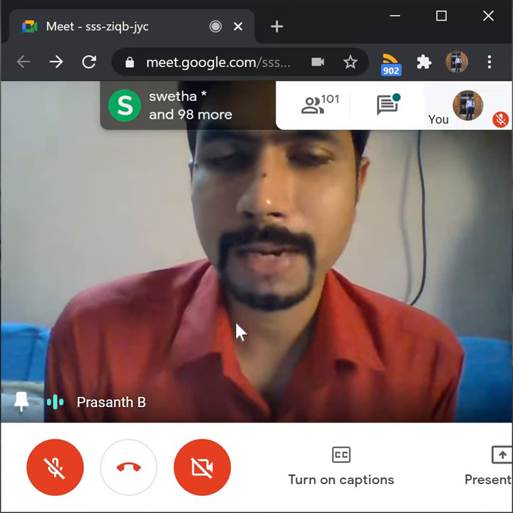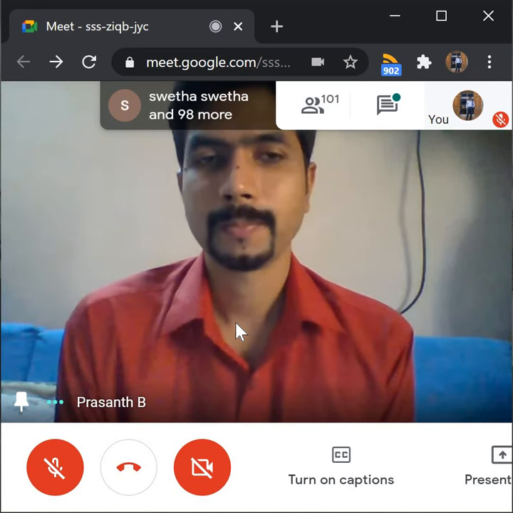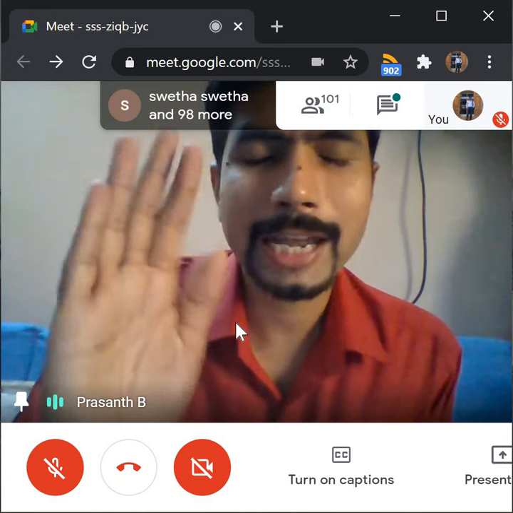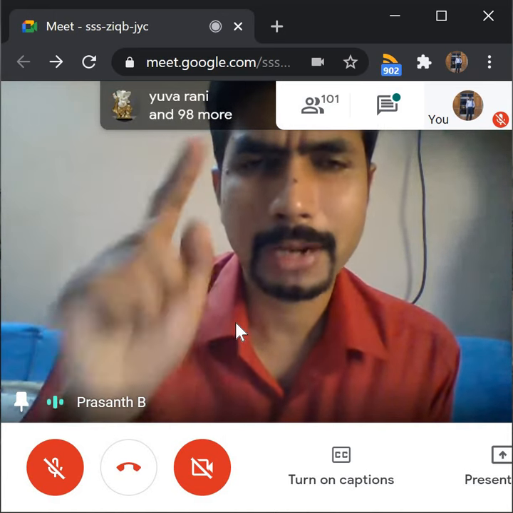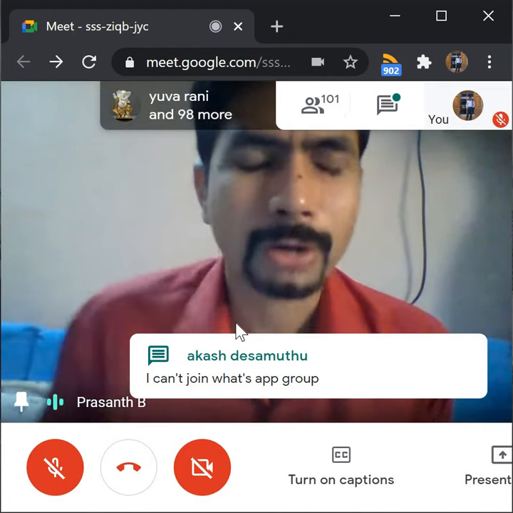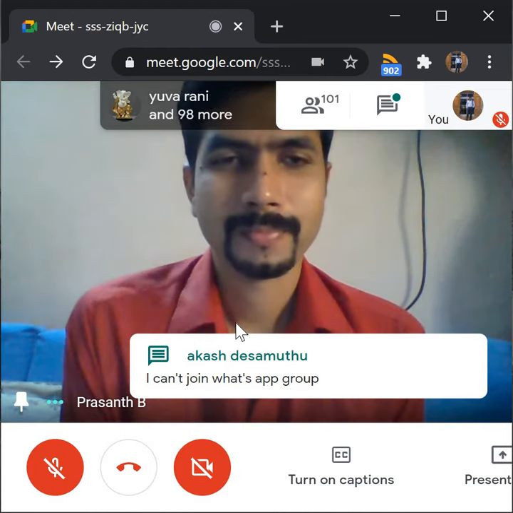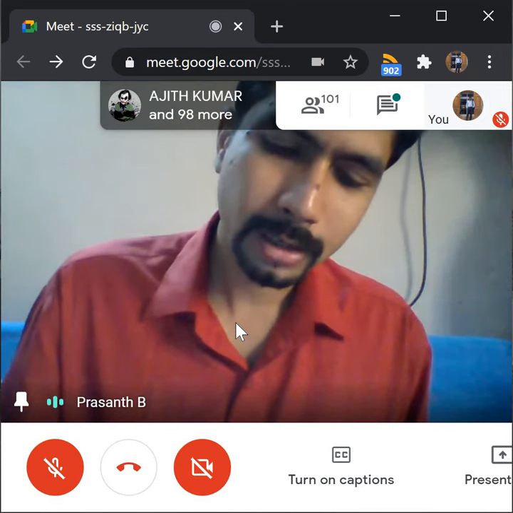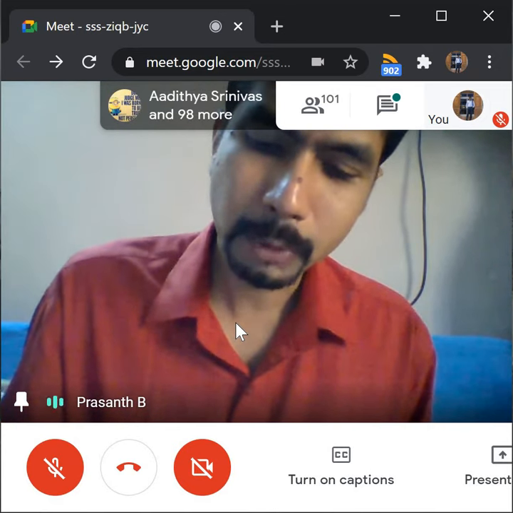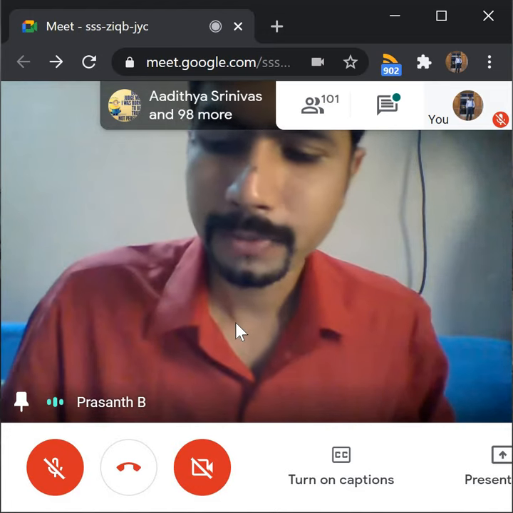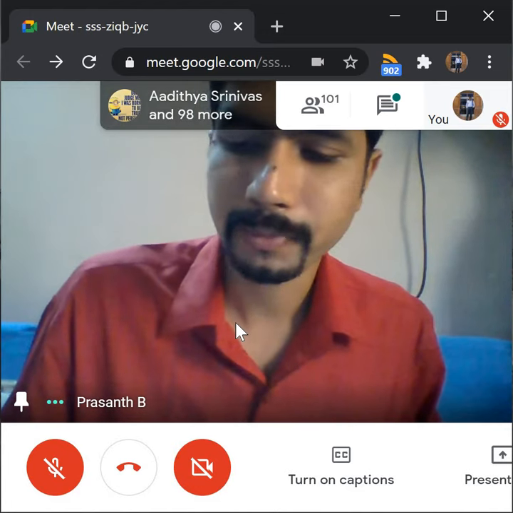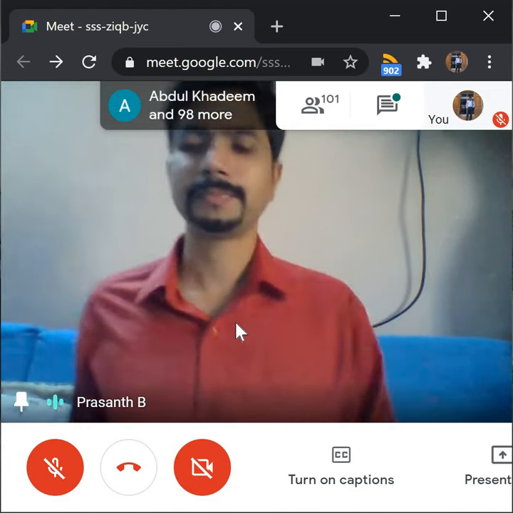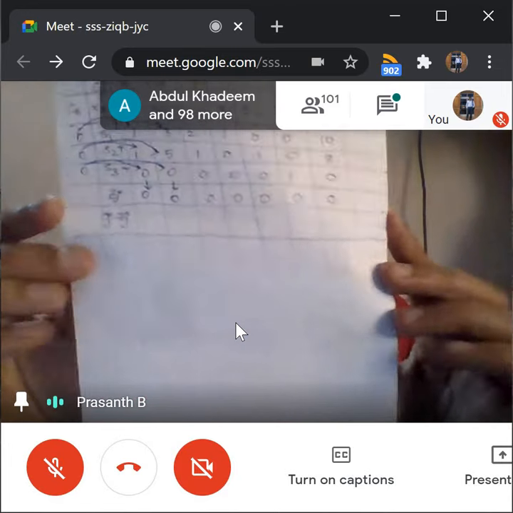Only in the first simplex table. Don't waste time. So I put 0, 0, 0, 0, up to S3. Solution also 0. So your table looks something like this.